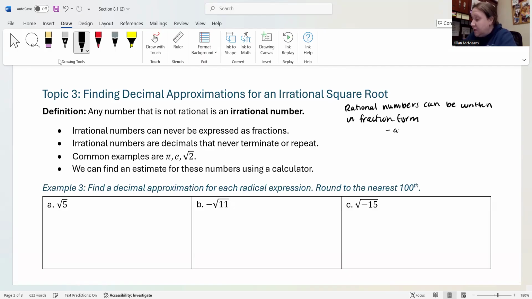This can be any whole number, integer, or fraction, okay? Because whole numbers and integers we can write in fraction form easily by just putting them over 1. Bam, you've got a fraction. This can also be decimals that terminate or repeat.